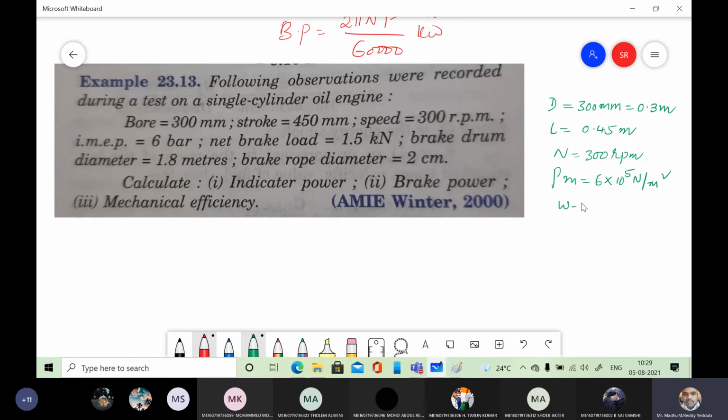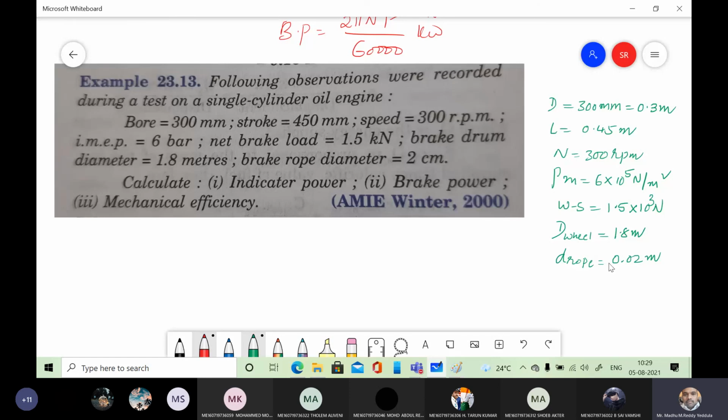Net brake load W minus S is 1.5 into 10 power 3 Newton, given in kilonewton and converted into Newton. Brake drum diameter D is 1.8 meter, and rope diameter is 2 centimeter, which is 0.02 meter.